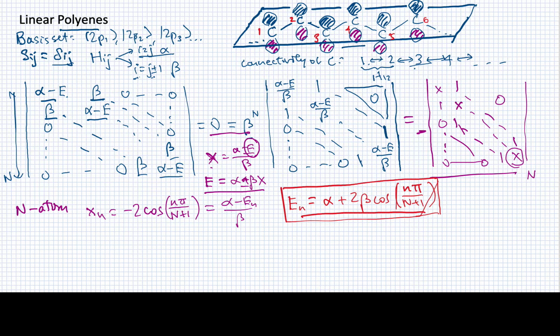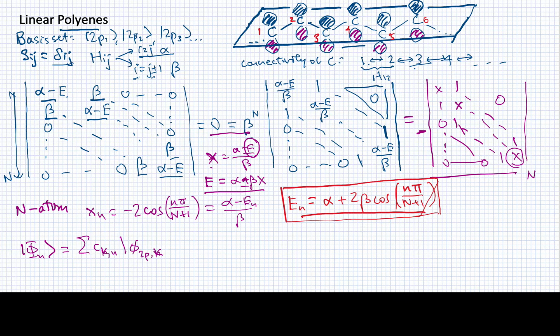I will say that we can also get expressions for the coefficients of the eigenvectors or the eigenfunctions. And in effect, what happens is if I write my molecular orbital for the nth molecular orbital, that would be equal to a summation, as we've written it above.